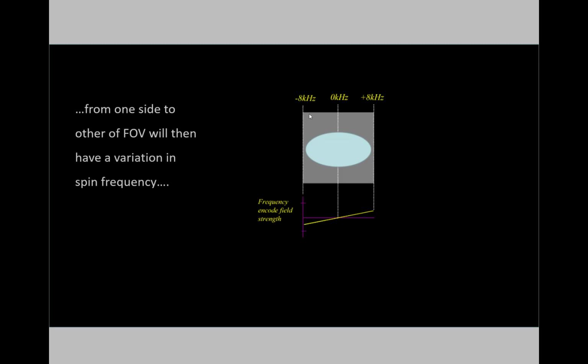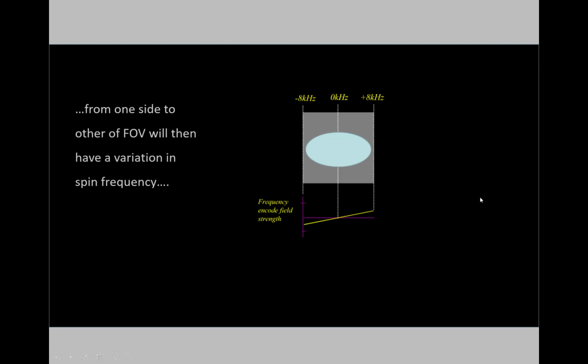Okay, now there's nothing special about a bandwidth of 16 kHz, I'm just using that here as an illustration. But do notice that it's the gradient field strength, the steepness of this line of the frequency encode gradient, that is going to determine that bandwidth.